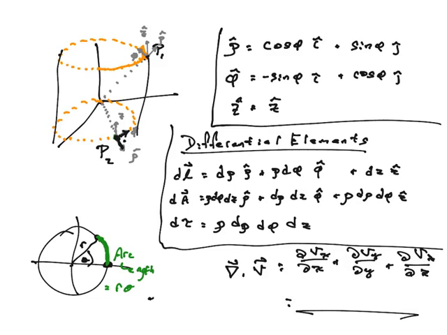So if you have a d by d rho of rho, let's say v phi or something like this, that derivative is a product, so you have the chain rule. You have to do first times derivative of second plus second times derivative of first.